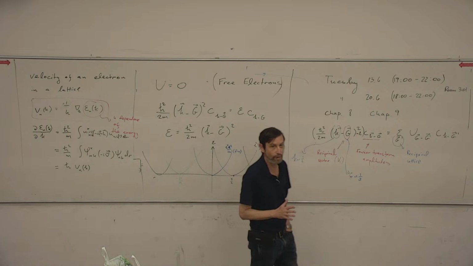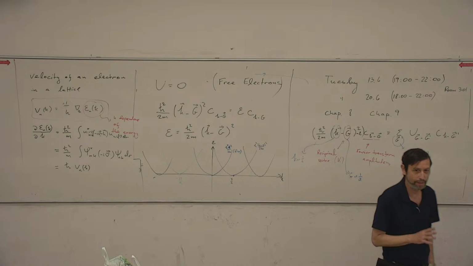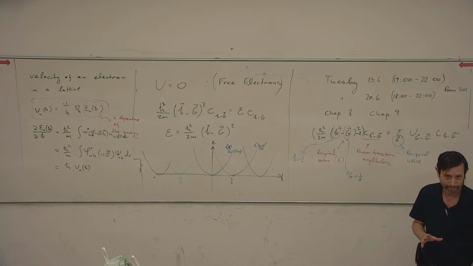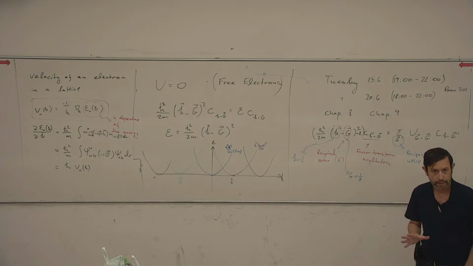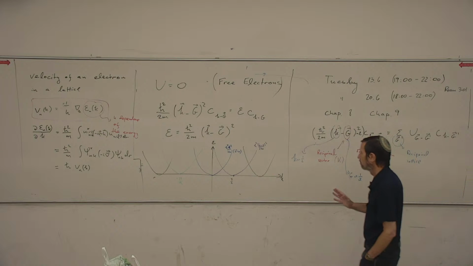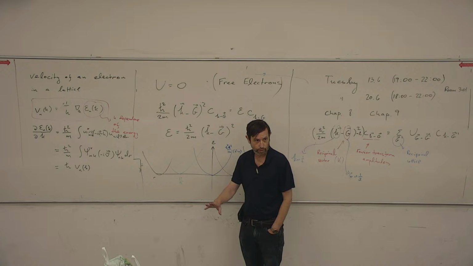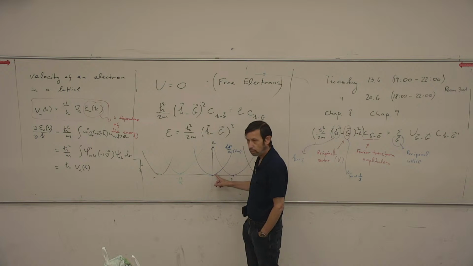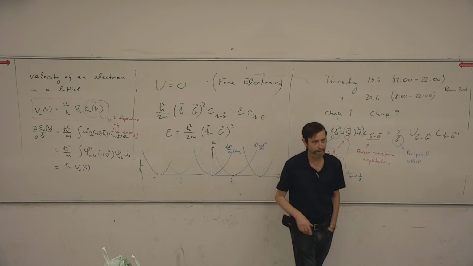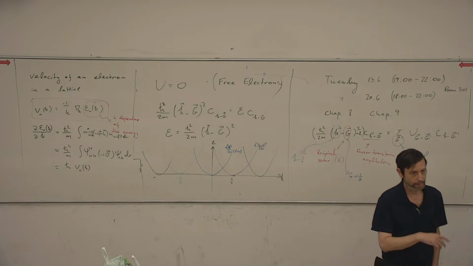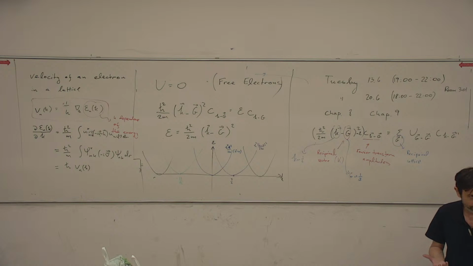But if you choose, you have to understand what is the meaning of your choice. So, if I'm choosing a free electron, okay, go look on your blue parabola, get a k, return a value. Okay, give me a k, I'll give you an energy.